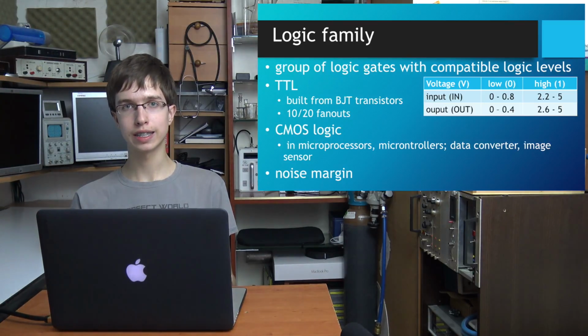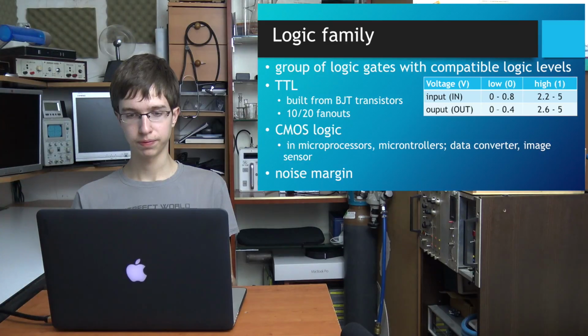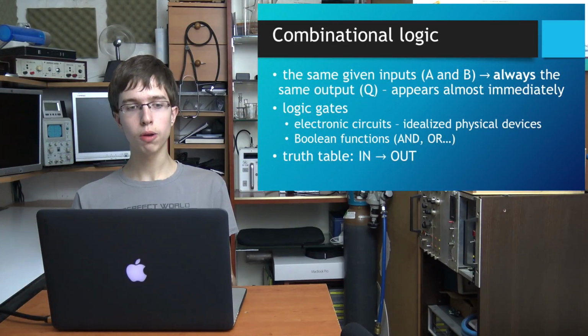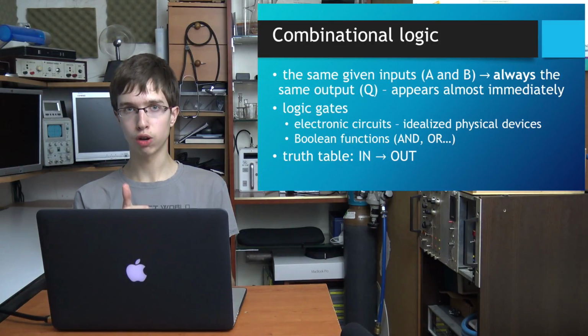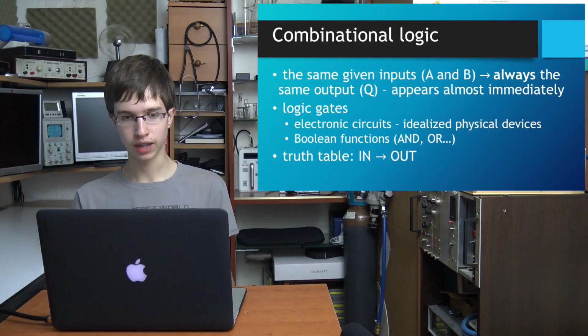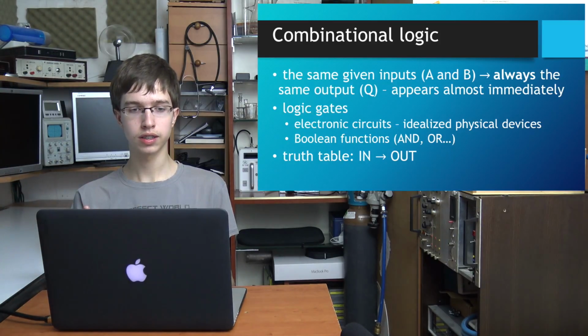There are two main systems of logic: combinational and sequential logic system. Combinational logic is logic system where there is always the same output, Q, for the same given combination of inputs A and B. And it appears almost immediately after the inputs.